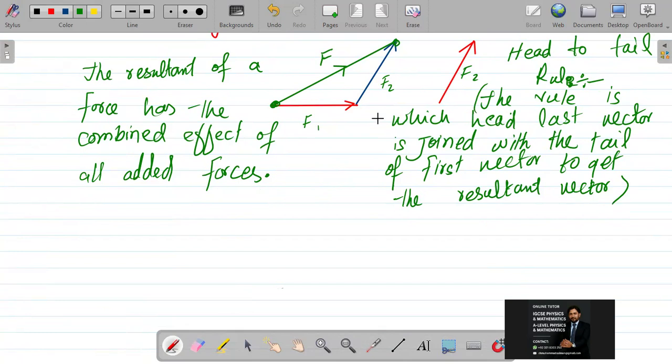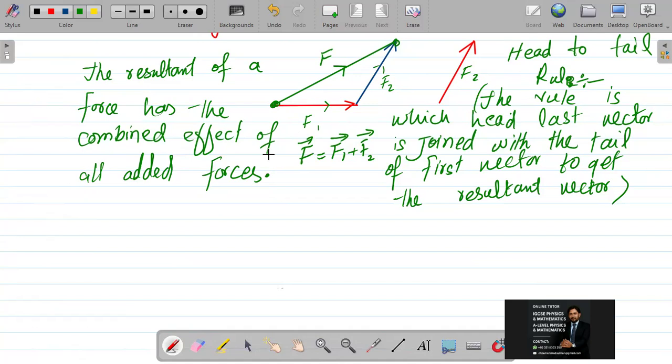This is also taken in the form of the parallelogram law, but right now I'm getting this according to the head to tail rule, that force one and force two are being added, and these are the two vectors having this direction, and I am getting the resultant F equal to F1 plus F2 by using the head to tail rule, by giving a proper scale, like how many centimeters represent how much Newton force.